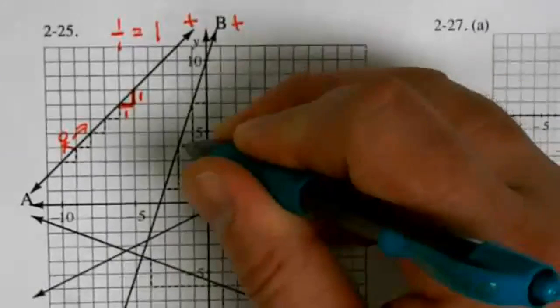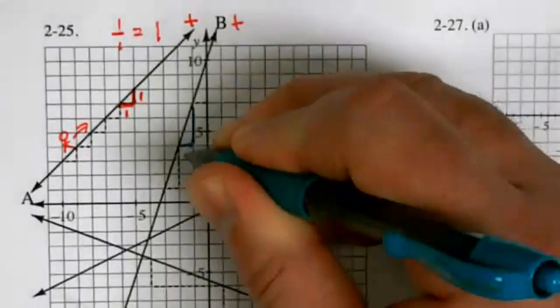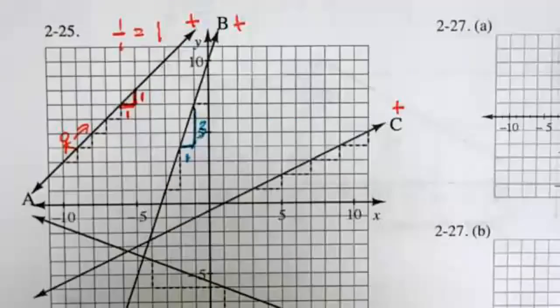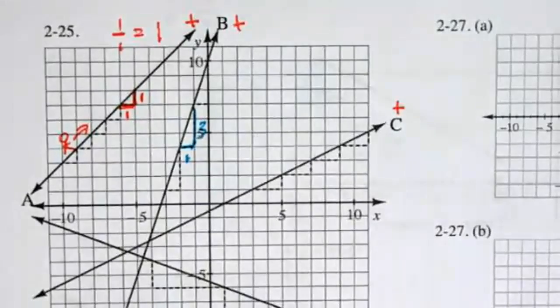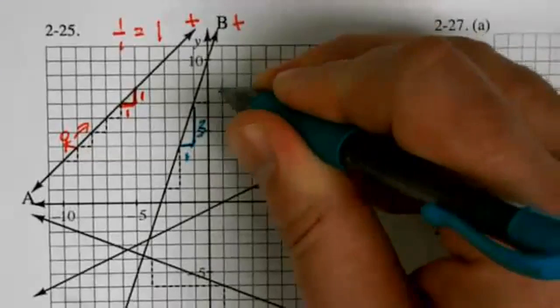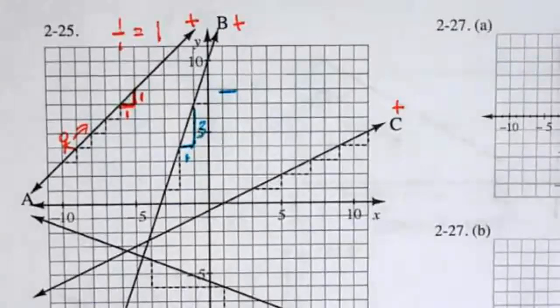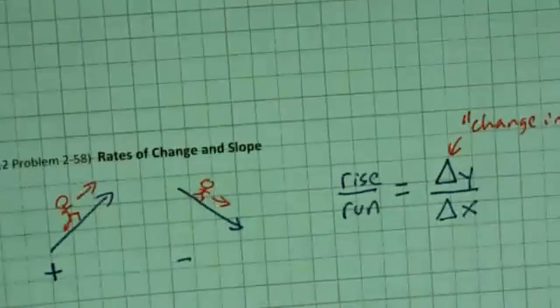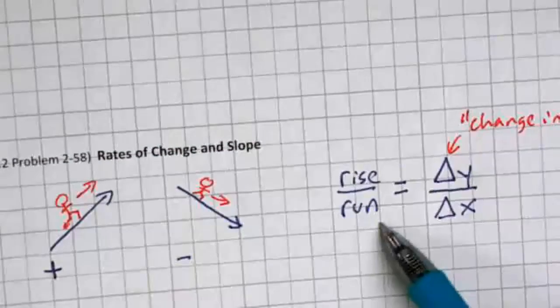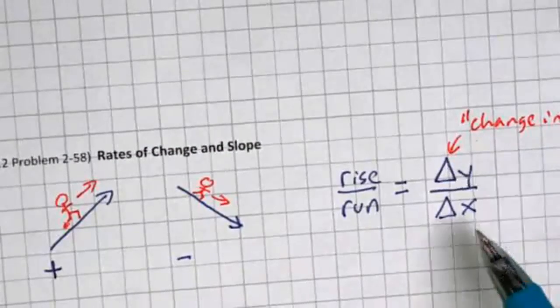For line B, it looks like we're going over 1 and down 3. Now this one's a little tricky because we got to make sure that we get the right thing on the top and the right thing on the bottom. This is another easy way to make a mistake. Remember from our notes, we want rise over run, or change in y over change in x.